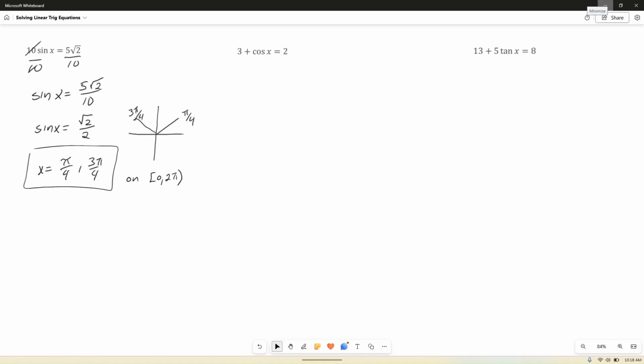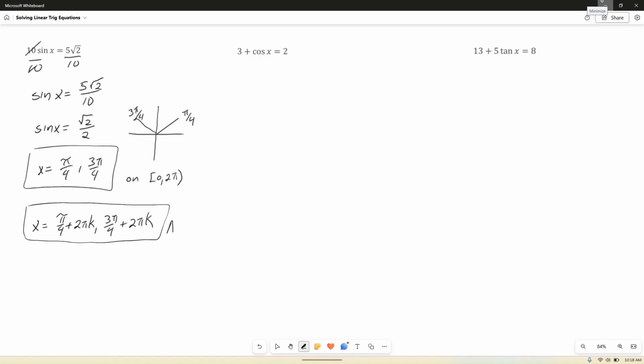Now, if we wanted to list out what the infinitely many solutions look like, then we need to take each of those and add in a plus 2 pi k. So I could also say x is equal to pi over 4 plus 2 pi k, or x is equal to 3 pi over 4 plus 2 pi k. That expresses the infinitely many solutions.